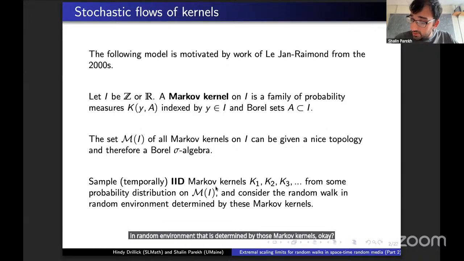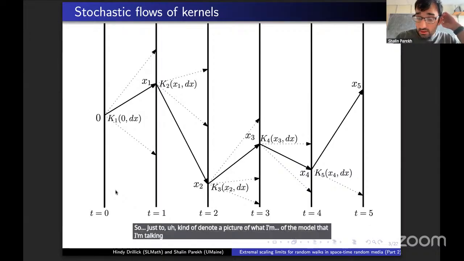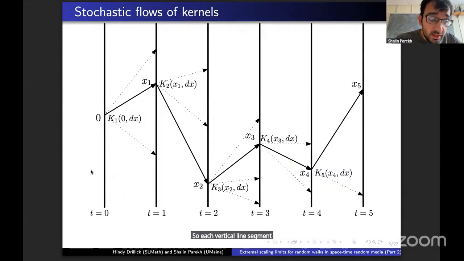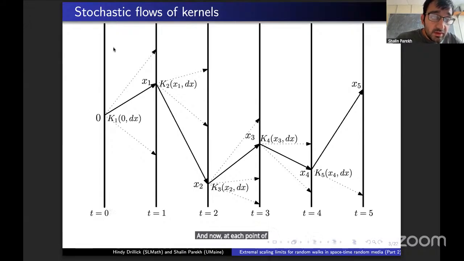Just to give a picture of the model that I'm talking about: each vertical line segment here denotes your underlying copy of I, meaning it could be integers or it could be real numbers. At each point of I, you have a probability measure at that point. Imagine you start at 0, the origin in space, and then you sample from the Markov kernel centered at that point, k1 of 0 comma dx, and you land at some point x1.